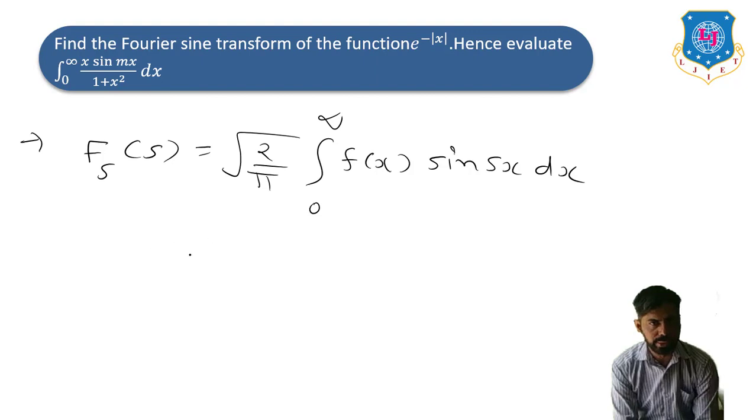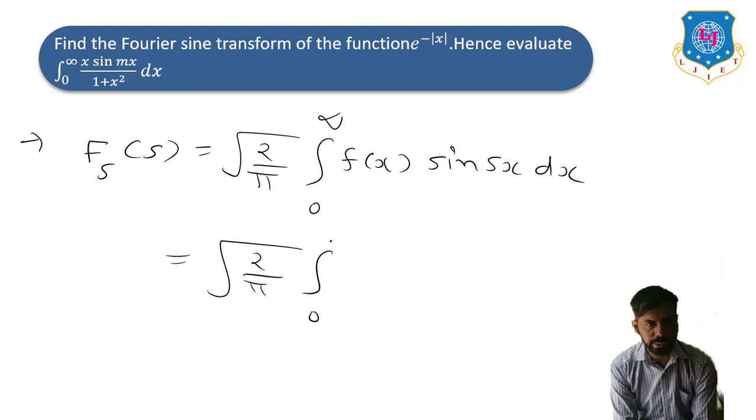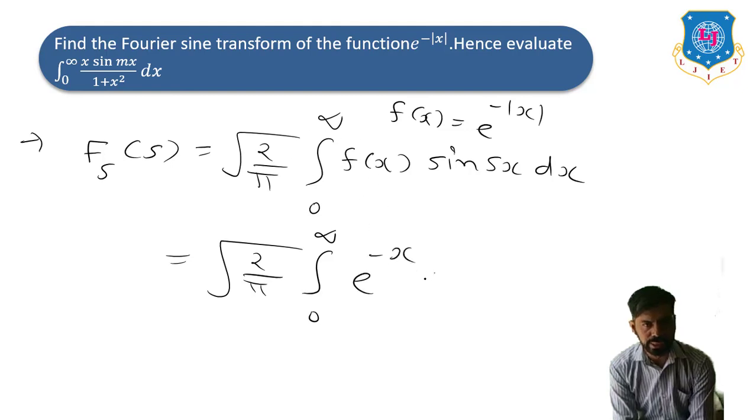So here this will be square root 2 by pi integration 0 to infinite, and here function f of x is e raised to minus mod x, but for limit 0 to infinite mod x will be x, because here x is positive. So f of x will be e raised to minus x sine sx dx.